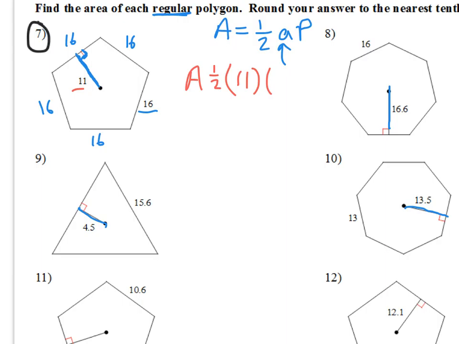So 16 times 5 is 80, so our perimeter is 80. And now we throw this into the calculator. Again, I'm going to use 0.5 for 1/2. 0.5 times 11 times 80, and we get 440 as our area. No units are given, so 440 units squared.